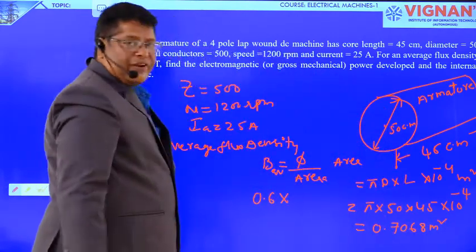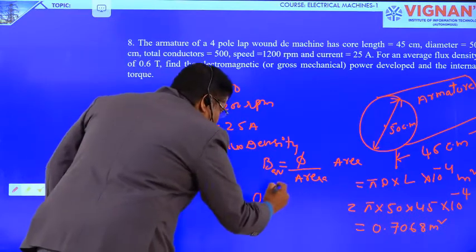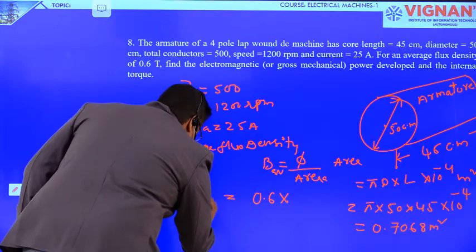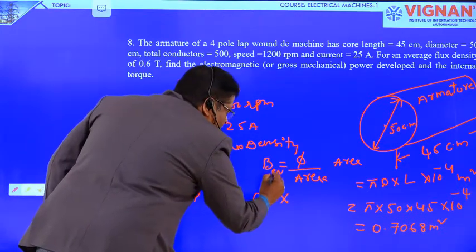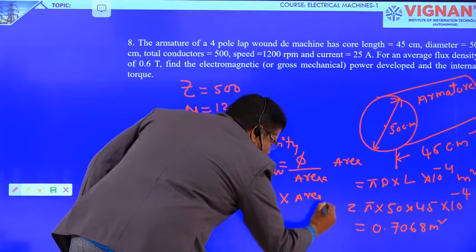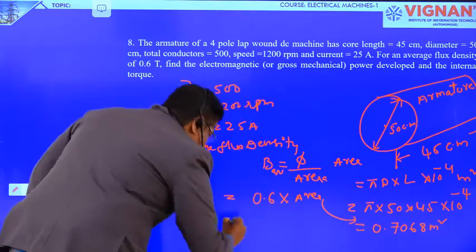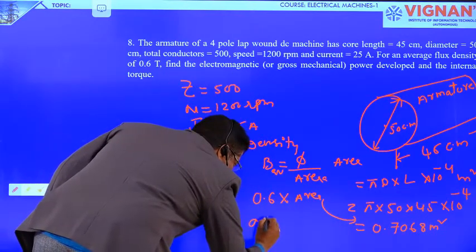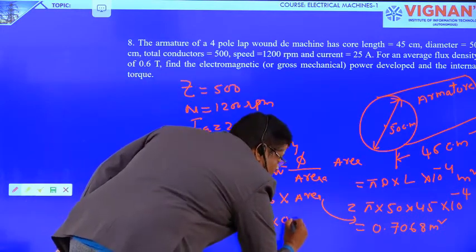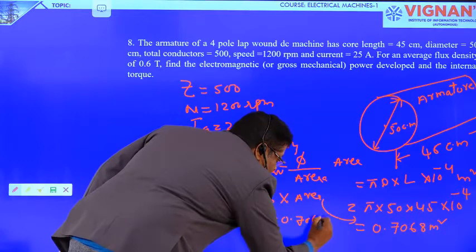Now you have to calculate the flux. Flux equal to B average into area. This is equal to 0.6 into 0.7068.